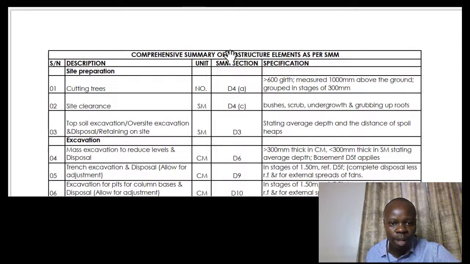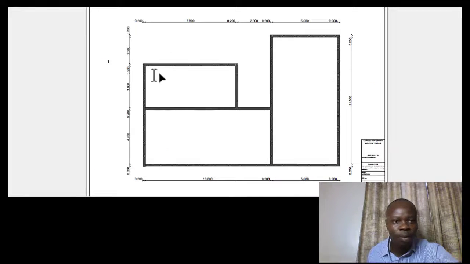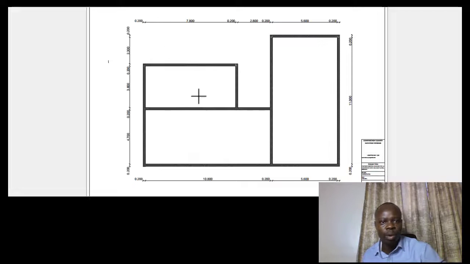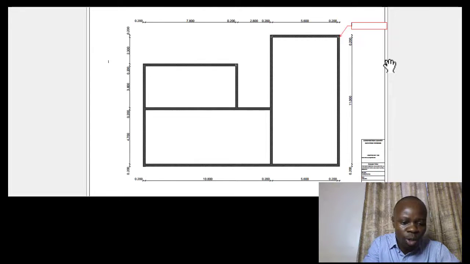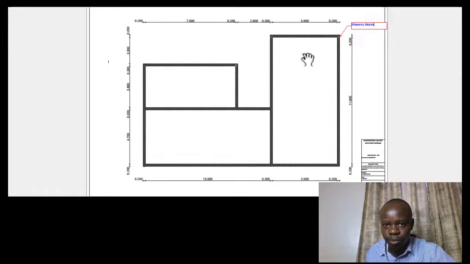The first concept that you need to learn from what we are talking about today, I'll just use simple comments to show what we are talking about today. So the very first one is that you need to learn that from this point, that is what we call the masonry block.